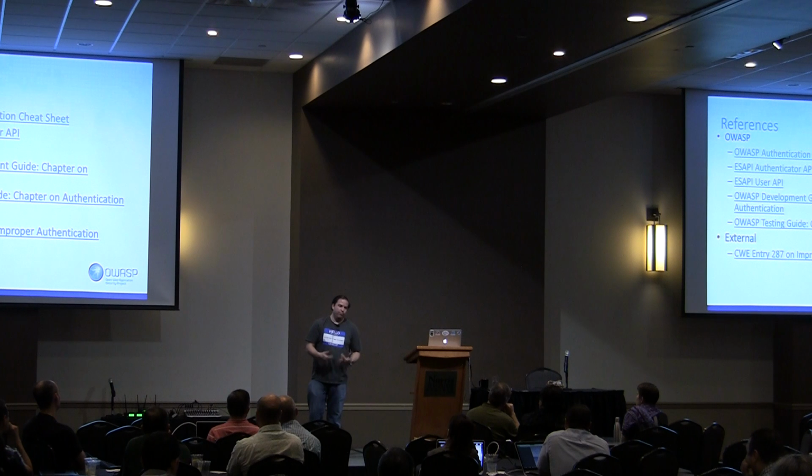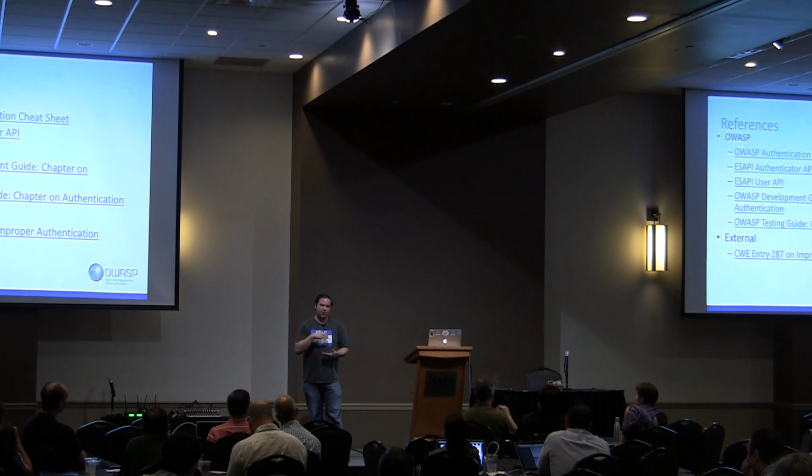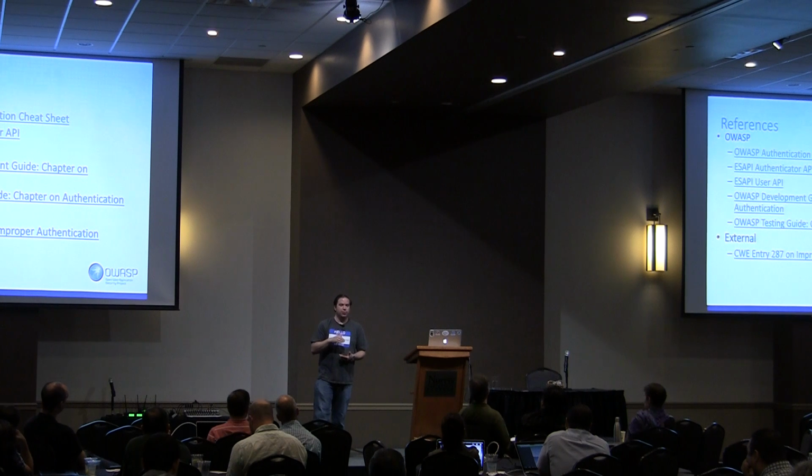One of the things we're starting to get into in the security industry is this concept of risk-based authentication, where you effectively look at different attributes of the user when they log in, and based on that, you might do something like multi-factor authentication.